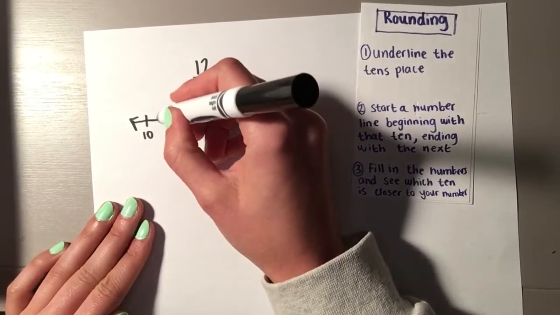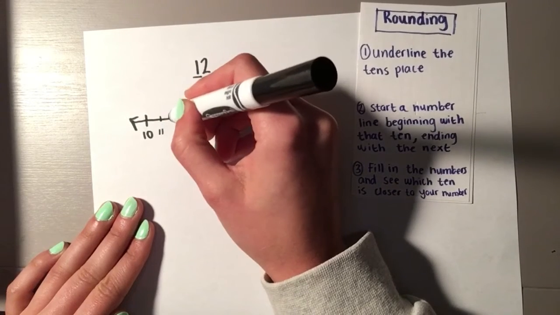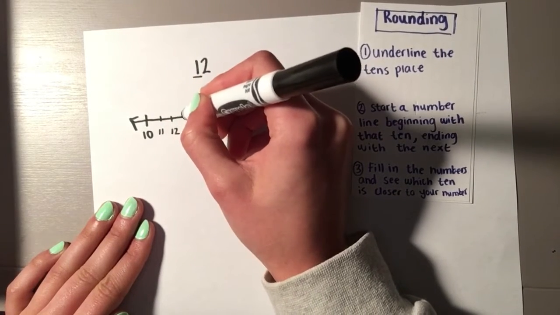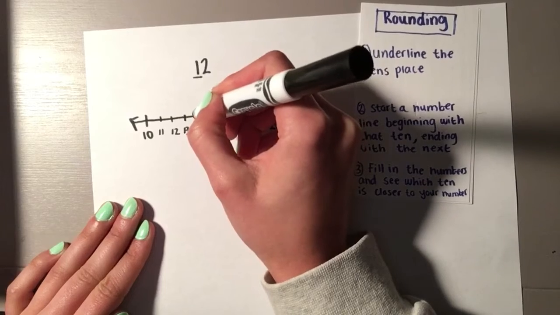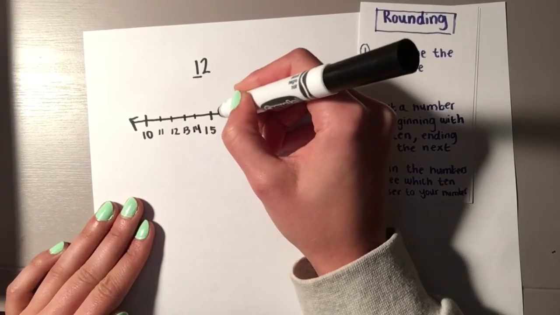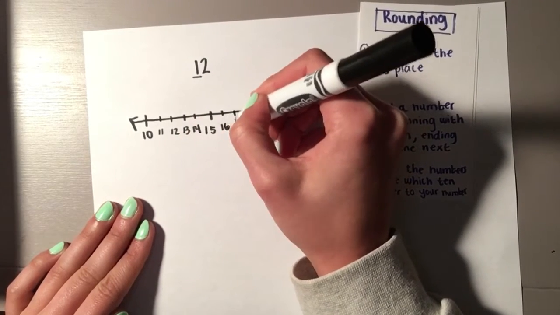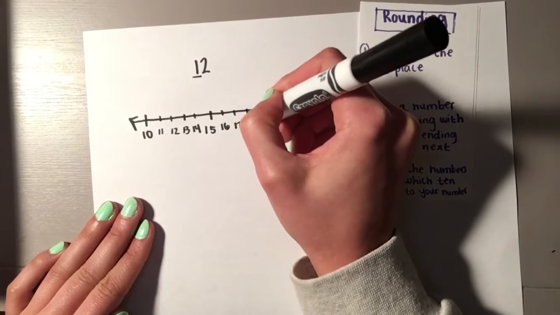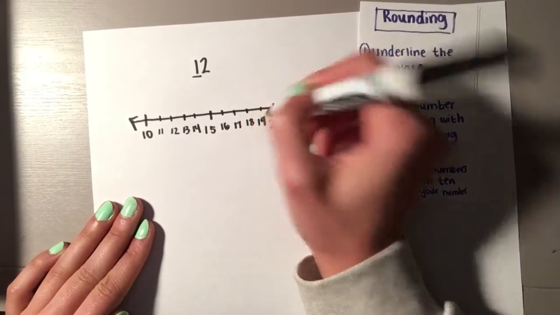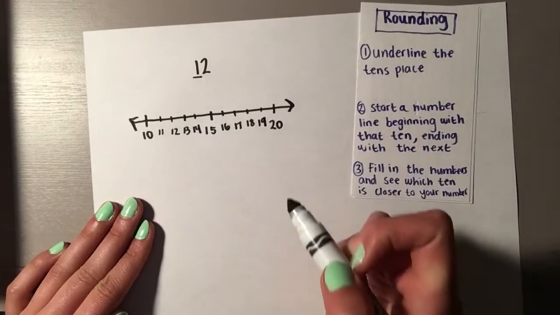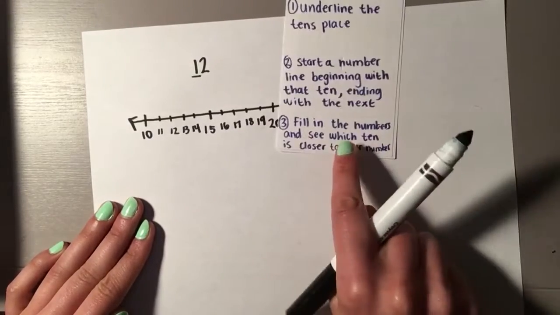And then I go, 11, 12, 13, 14, 15, 16, 17, 18, 19. Okay, so now I filled in the numbers.